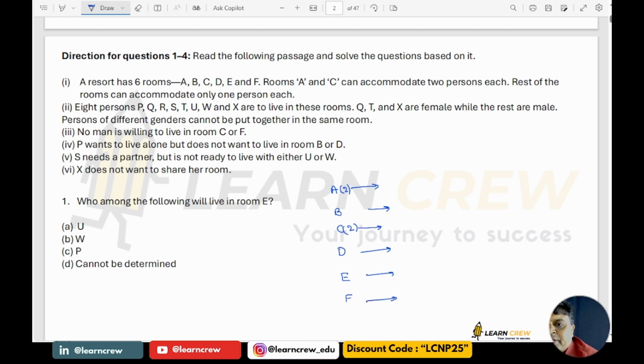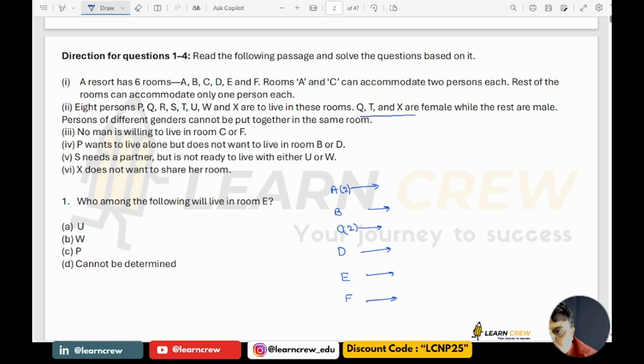8 persons P, Q, R, S, T, U, W, and X are to live in these rooms. Q, T, and X are females, while the others are males. So if you see here, 6 rooms are there and 8 persons are there.